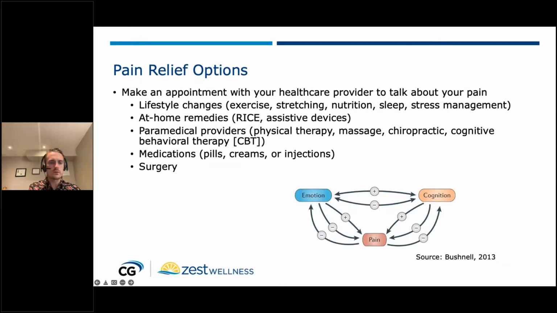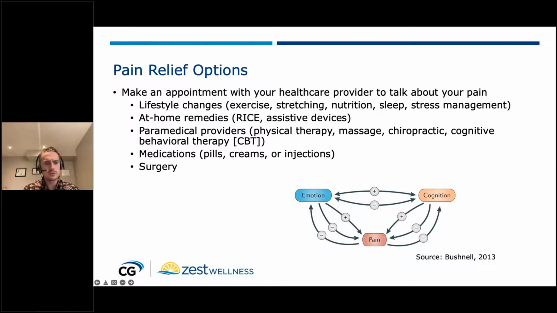Of course, different types of paramedical providers: physical therapy or physiotherapy, massage, chiropractic, or cognitive behavioral therapy, CBT. And of course, that gets at this idea of pain being a complex interplay with emotion and cognition. So we want to make that apparent, and that's why you see something like CBT on this list.